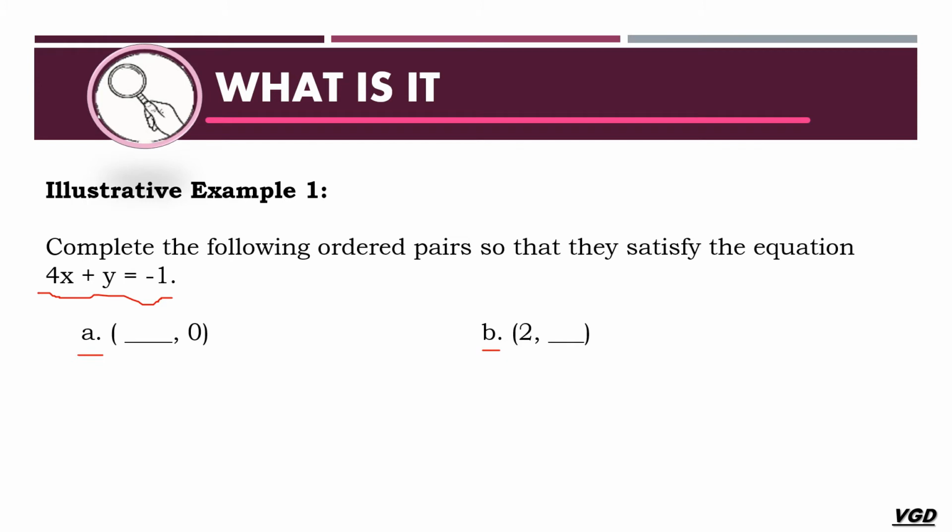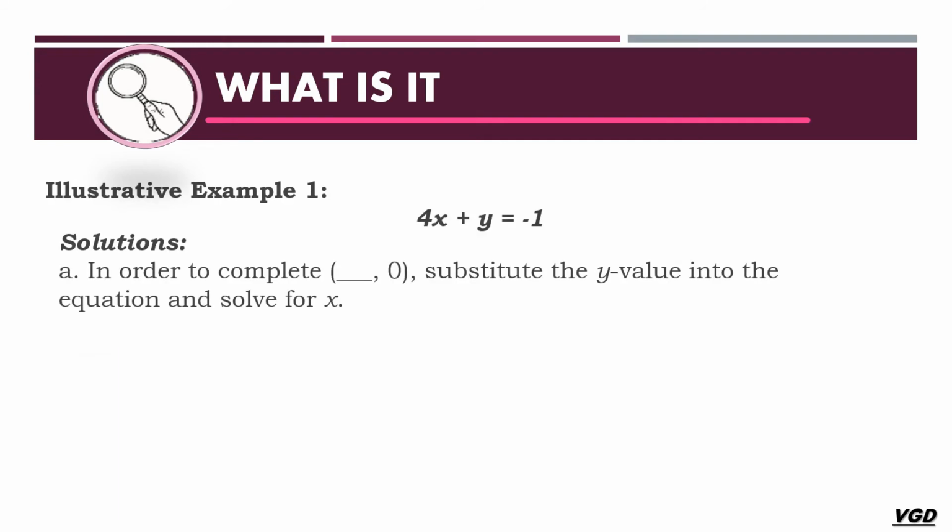So how are we going to do it? Let's find out. So we need to satisfy the equation 4x plus y is equal to negative 1. And in order to complete the coordinates blank, 0, substitute the y value into the equation and solve for x.